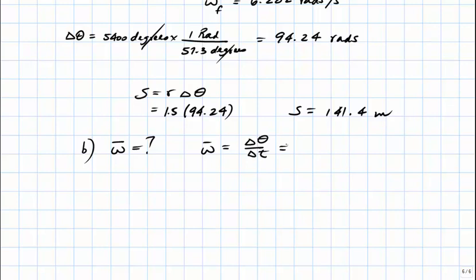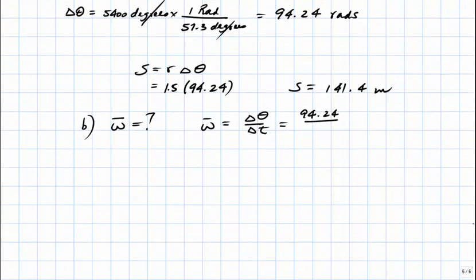The angular displacement was calculated earlier, right here. It equals 94.24 radians. And the time equals 30 seconds. The result equals 3.141. And the units for average angular velocity are radians per second.